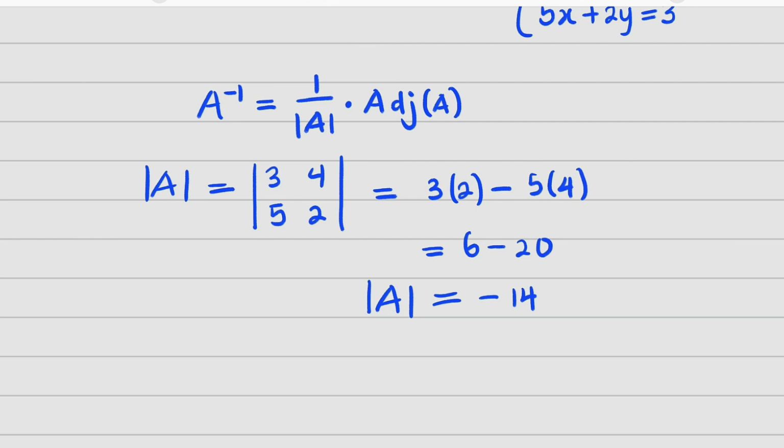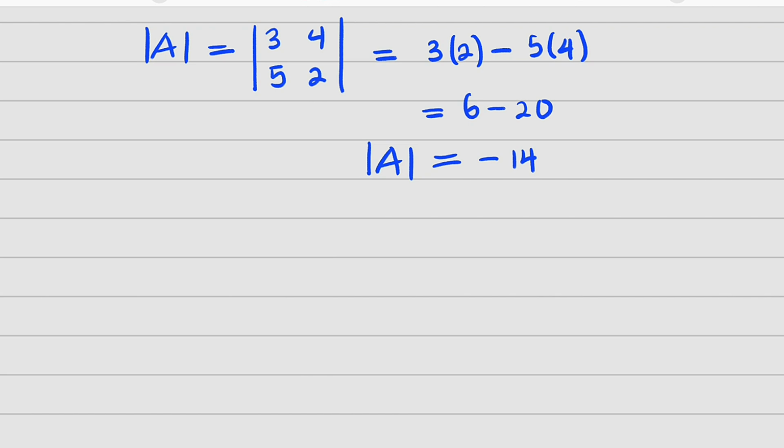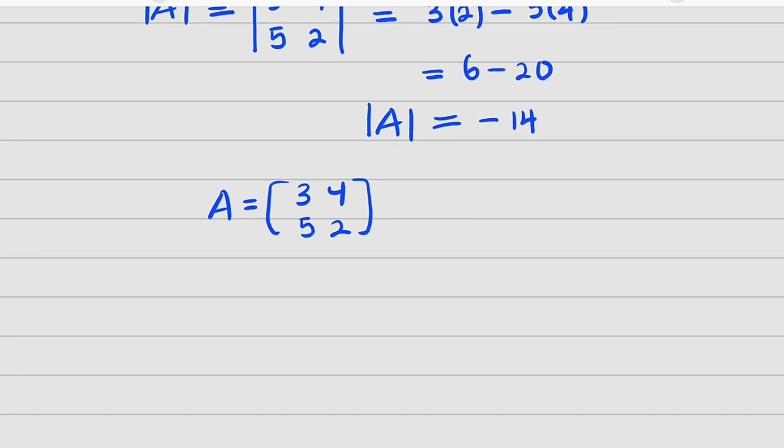Now, what about the adjoint? To find the adjoint of this matrix, we have A, which is given as 3, 4, 5, and 2. Finding the adjoint of a 2 by 2 matrix is very simple.